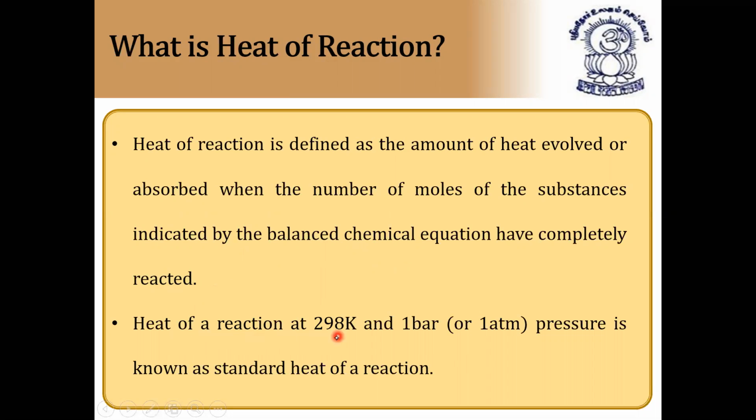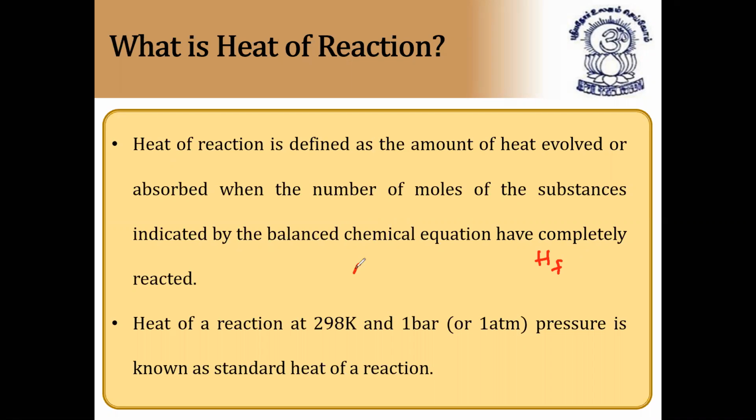Heat of reaction at 298 kelvins and 1 bar pressure is known as standard heat of formation. What is standard heat of formation? Generally heat of formation is taken as HF.